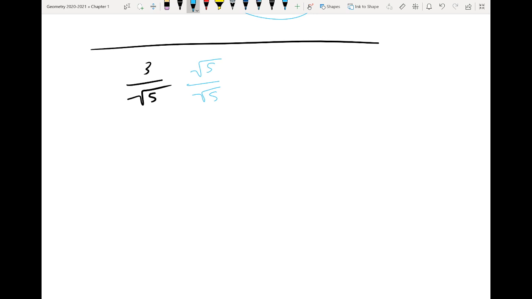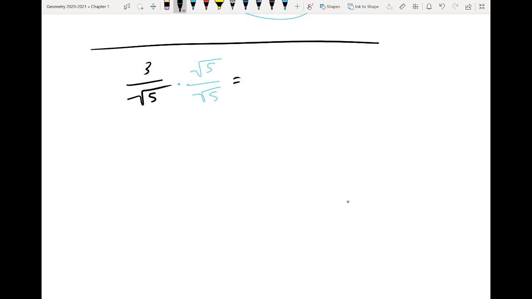Isn't anything divided by itself equal to 1? Rad 5 divided by rad 5 is 1. You can multiply anything by 1, and it doesn't change the effective value of whatever you have in the first place. So we're not really changing anything here. But we're going to do a conversion. This happens when we multiply, and the key was we were trying to match these denominators, because anything where you multiply a square root by itself, it gives you whatever the original was.